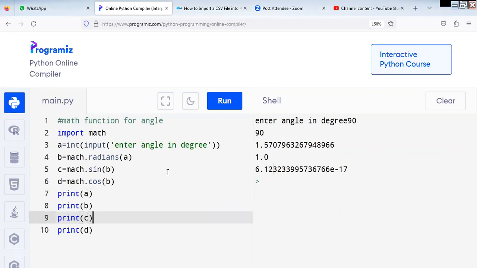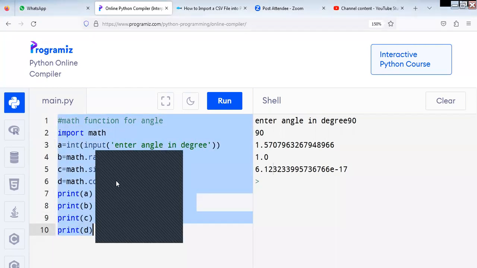So I will send this program to you. Try this at your end. I will just copy this and then send it to you.